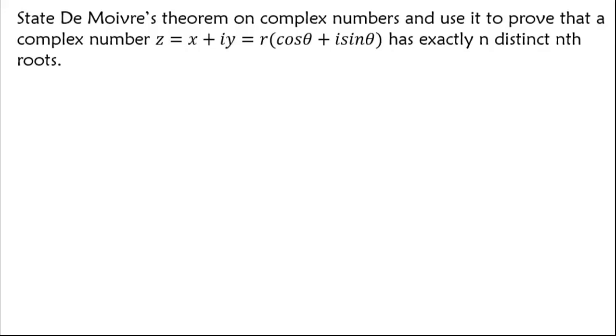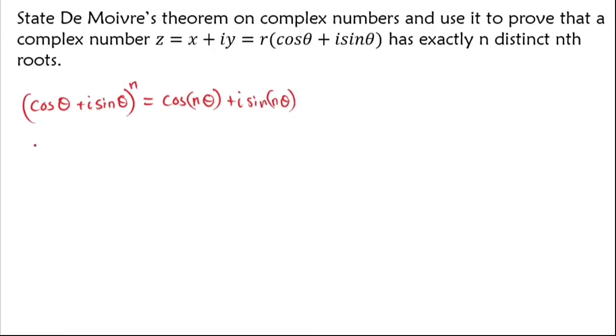All right, so state De-Moivre's theorem on complex numbers and use it to prove that the complex number, this one given, has exactly n distinct nth roots. So to start with, De-Moivre's theorem states that if I've been given a complex number in polar form, that is (cos theta plus i sin theta) raised to the power n, this is equal to cos n theta plus i sin n theta, like this.